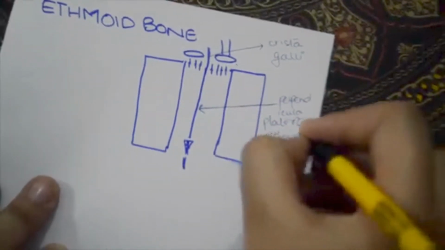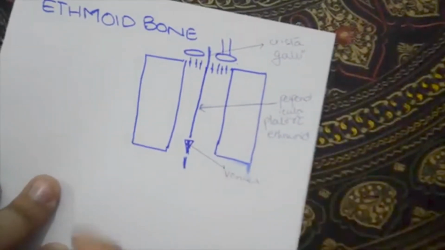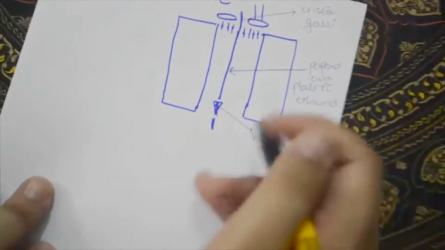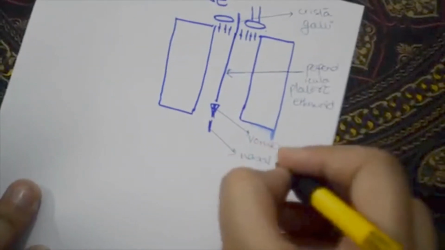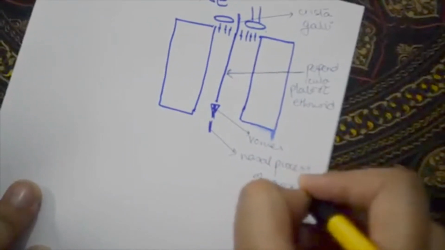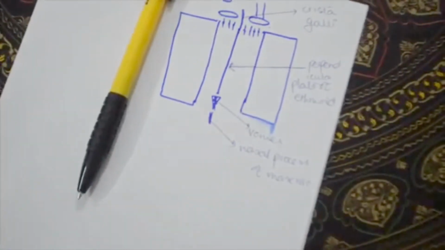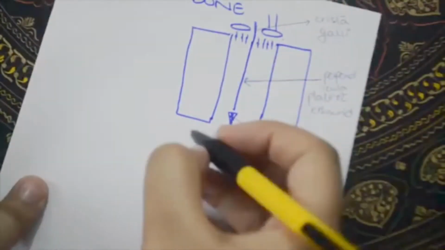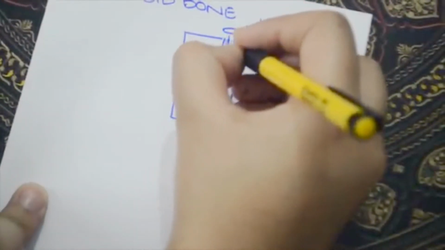This is vomer, which makes the septum, nasal septum. This is the nasal process of maxilla. We'll draw it like this.